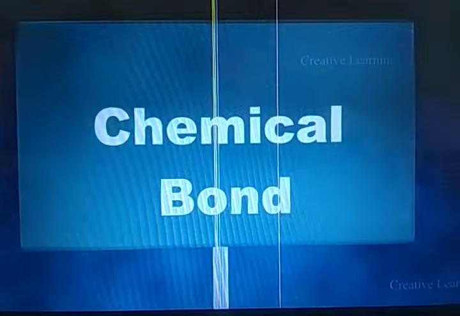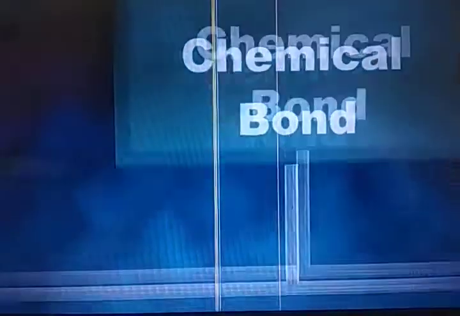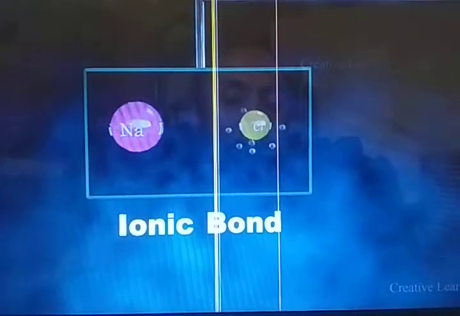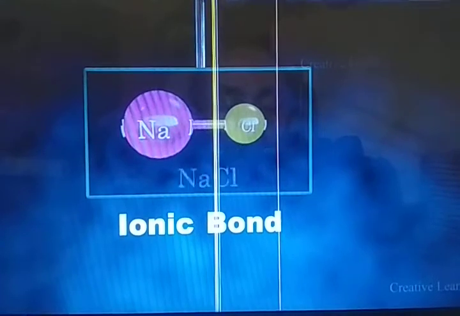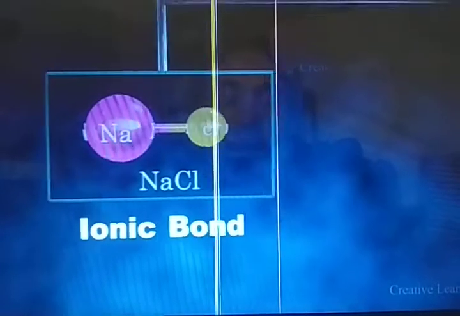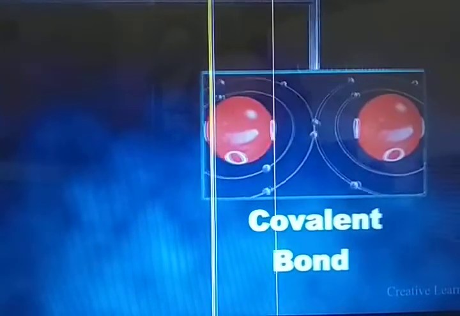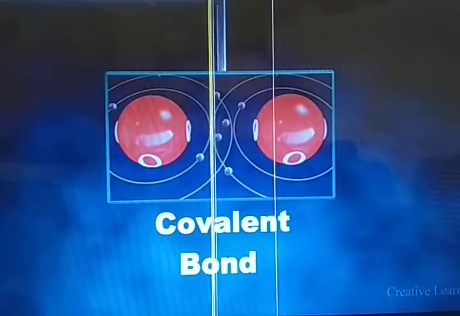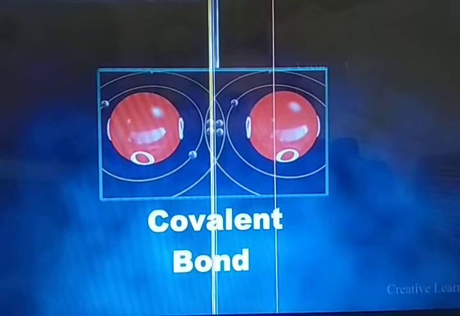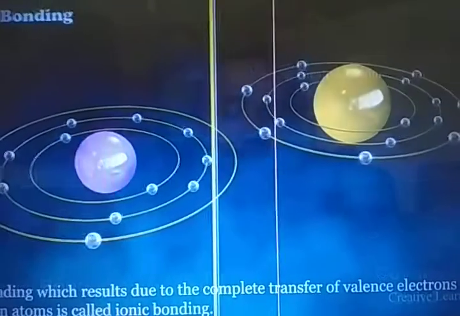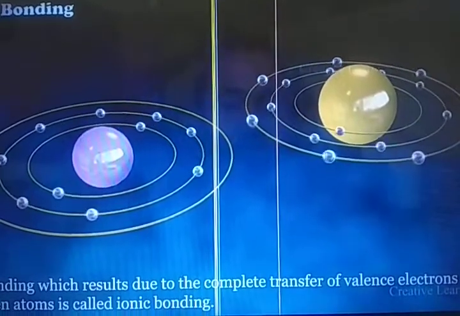The first one is ionic bond, and the second type of bonding is the covalent bond, that is mutual sharing of electrons. We'll discuss this in detail.